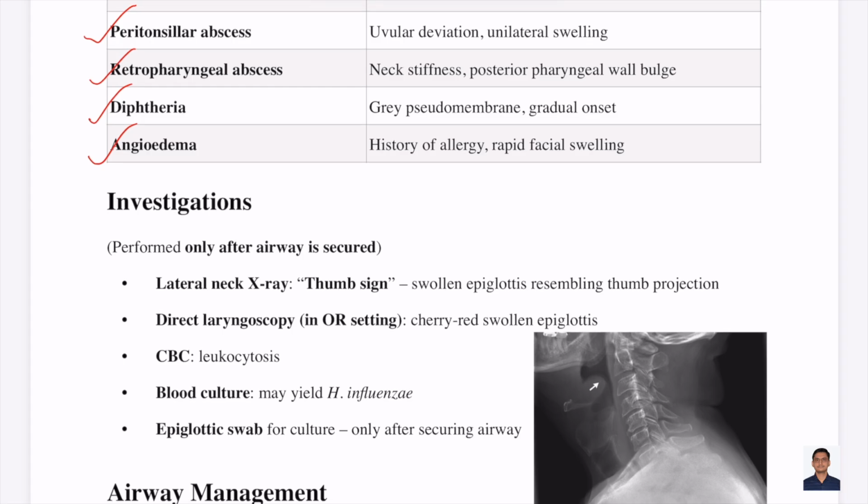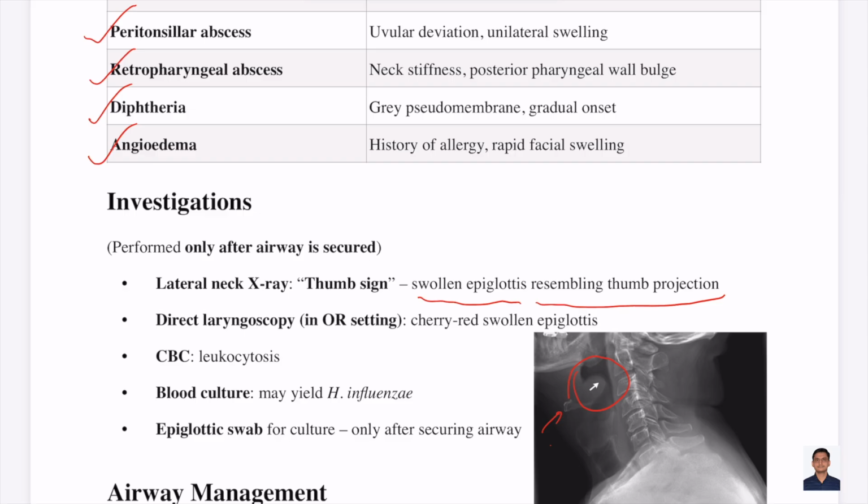Investigations should only be done after proper airway management, and they include the lateral neck X-ray, where we can see the thumb sign, which is the swollen epiglottis. It resembles a thumb projection or thumbprint. Here in this picture, we can see the hyoid bone, and behind this hyoid bone there is a swollen edematous structure, which is the epiglottis.